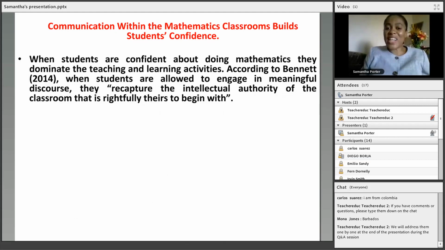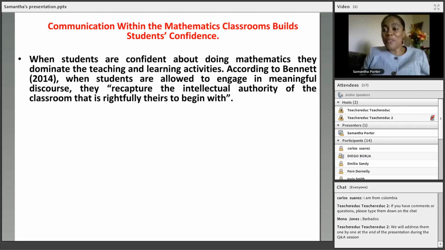When students are confident about doing mathematics, they dominate the teaching and learning activities within the classroom. Bennett 2004 said, "When students are allowed to engage in meaningful discourse, they recapture the intellectual authority of the classroom that is rightfully theirs to begin with."